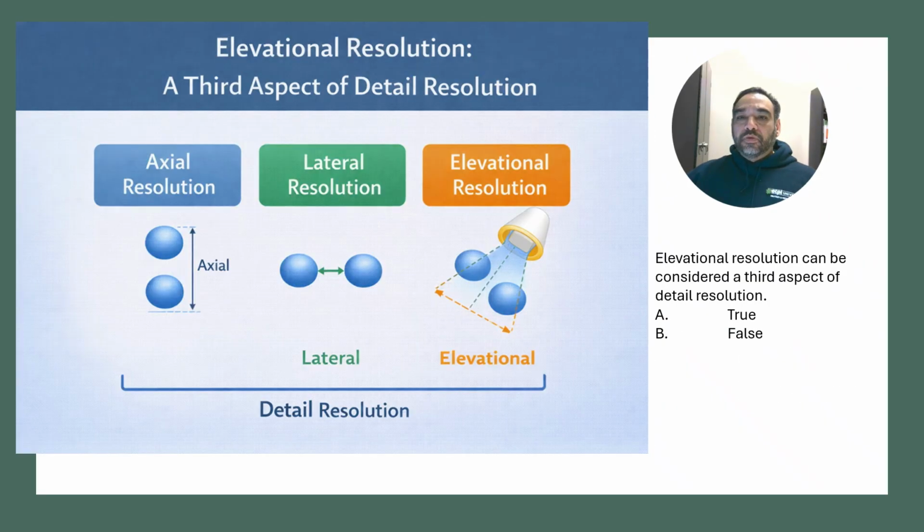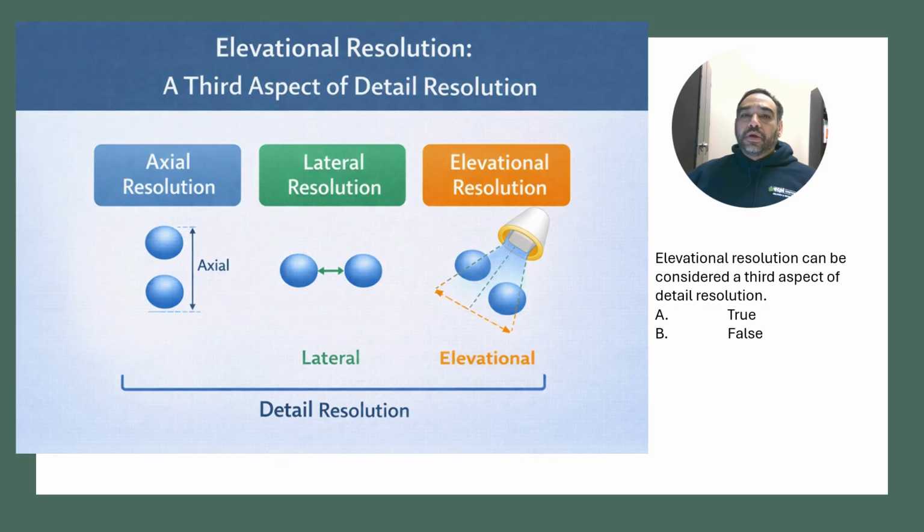Okay, so the next question is going to be, elevational resolution can be considered a third aspect of detail resolution. This is a true or false. And again, the correct answer is true. So detail resolution, which is also called spatial resolution, has three components. It has the axial resolution, lateral resolution, and the elevational resolution.